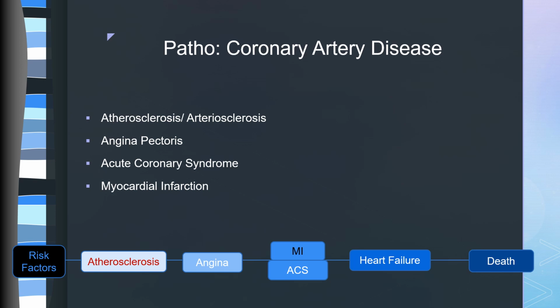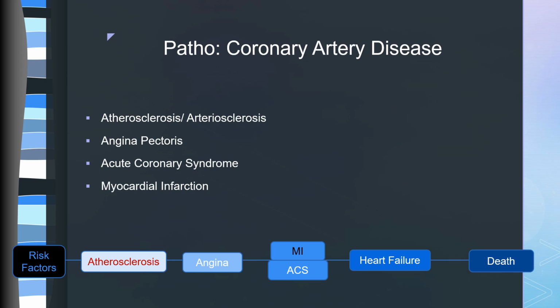When we get larger and larger plaques that create further narrowing of the arterial walls, we end up having less and less blood flow and thus less oxygen when we need it. This results in what we call angina.